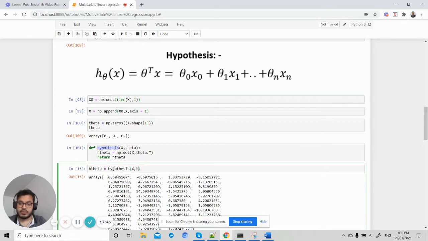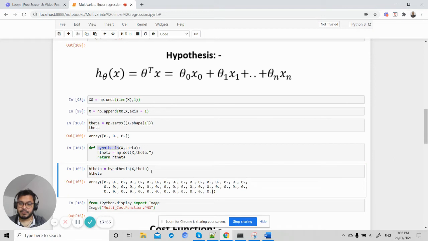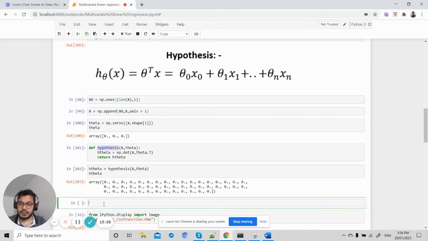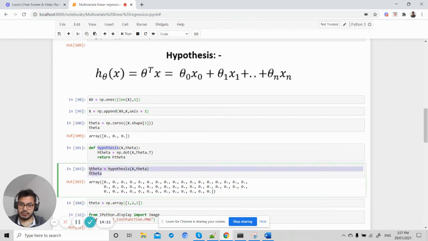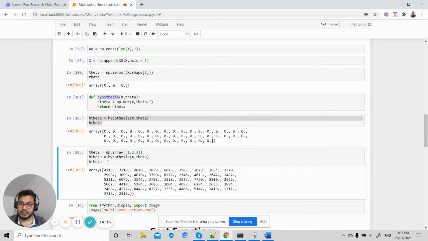So let's check with another value. Let's take theta as np dot array 1 2 3, and we supply this. We are getting our hypothesis, so this looks correct.